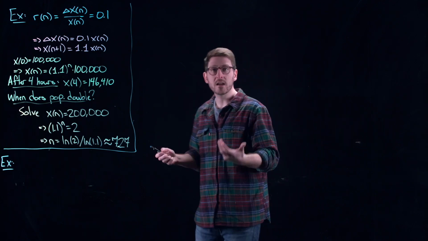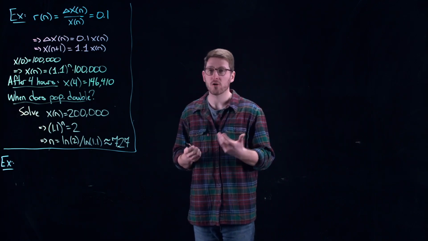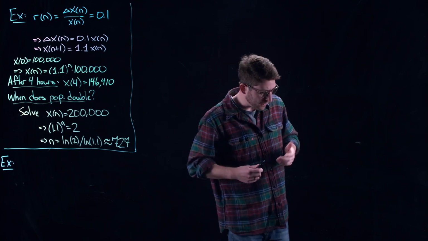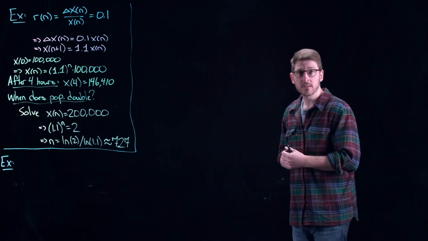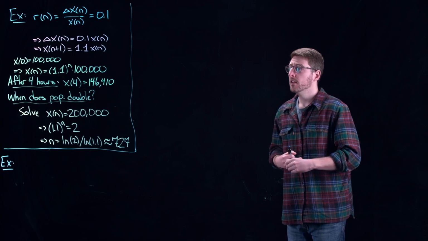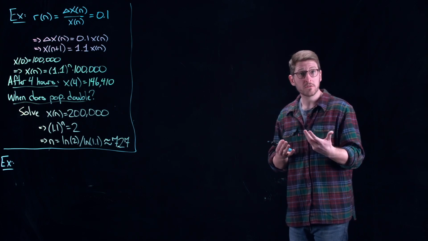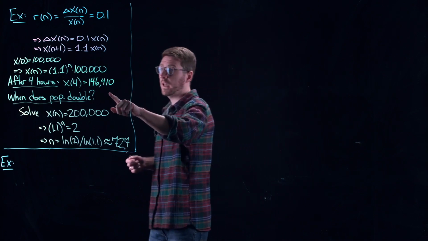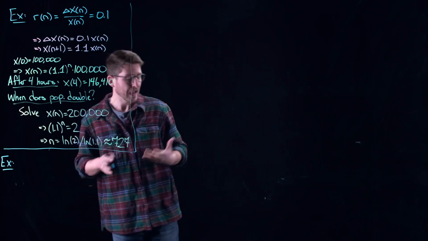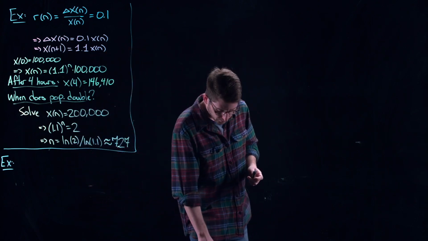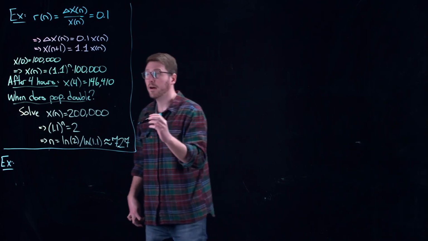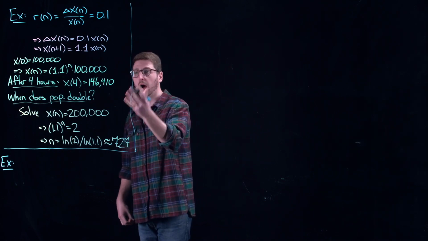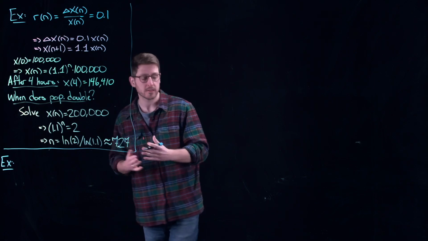Of course, this is not feasible, right? This is just like our whales that we looked at earlier with continuous time systems. There is an internal competition for resources in space that is not being modeled in this case, right?